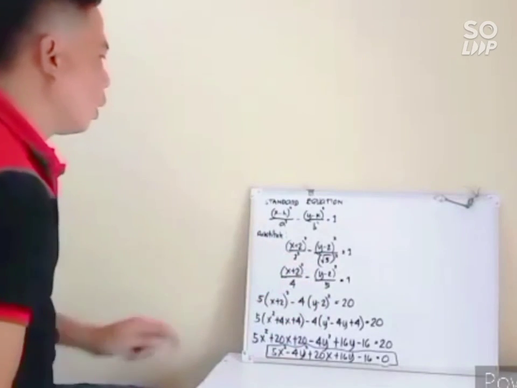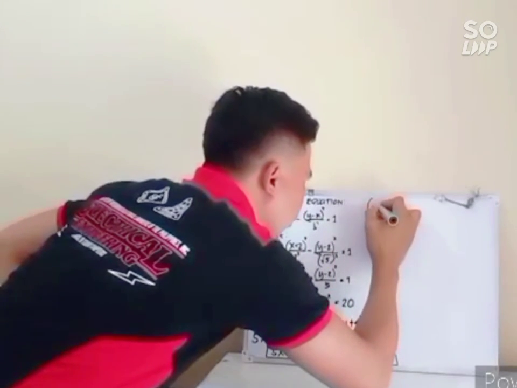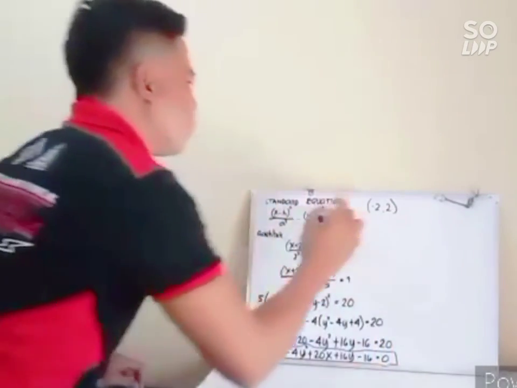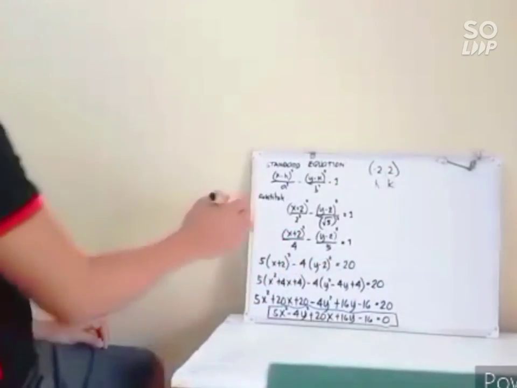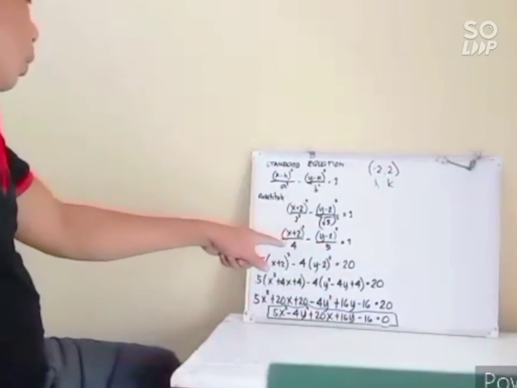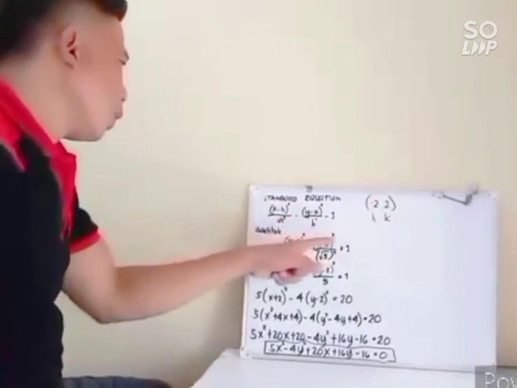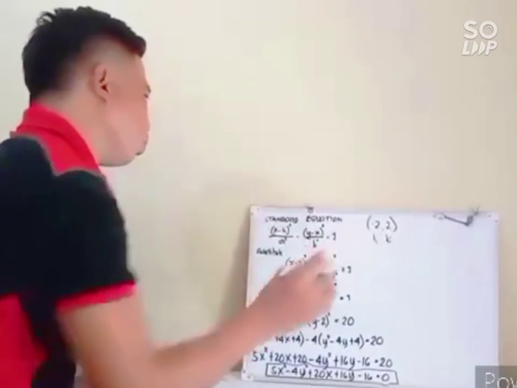Our center is (-2, 2), so our h is -2 and this is our k. So just substitute from the formula.